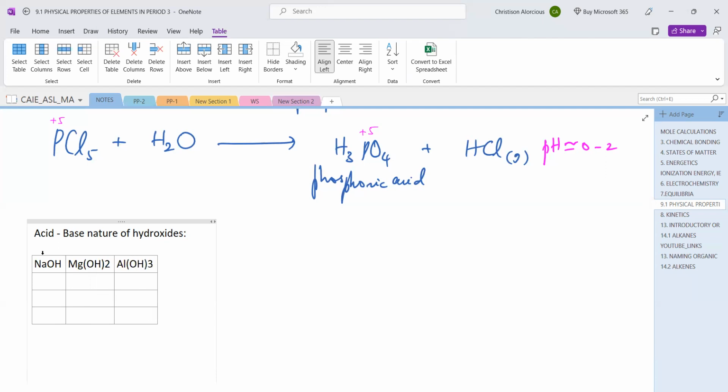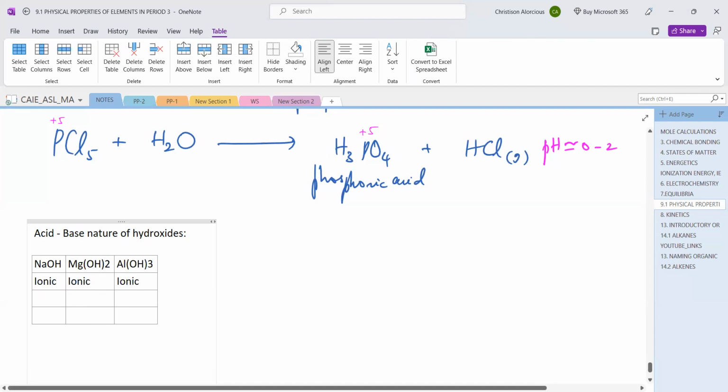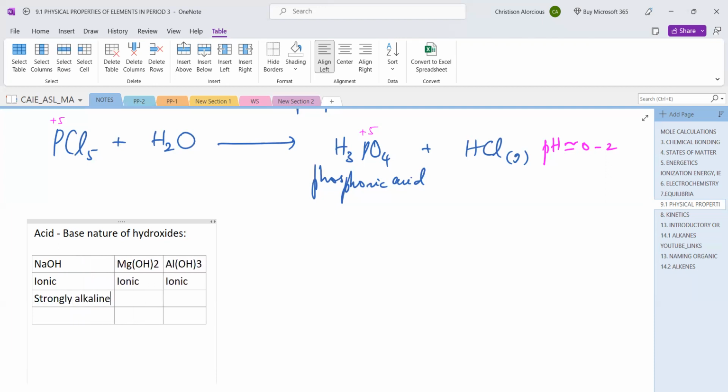The bonding in all three of them is ionic, though as you go from left to right, because the size of the cation is decreasing and the charge increasing, plus the electronegativity difference is becoming lower, you are going from very strongly ionic to something that is decreasing in ionic nature and increasing in covalent nature. So in this case, the solution is strongly alkaline.